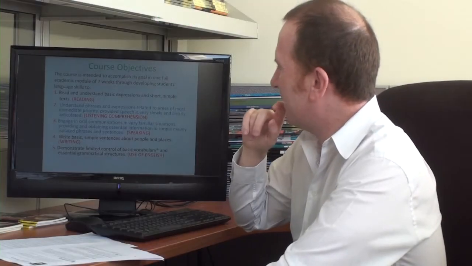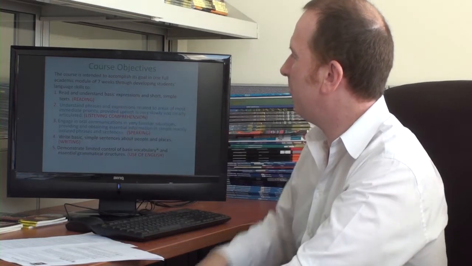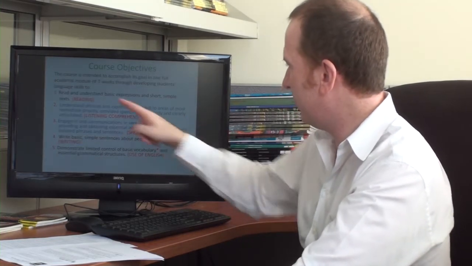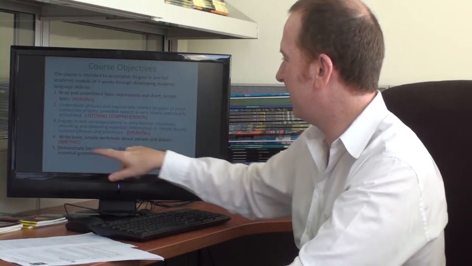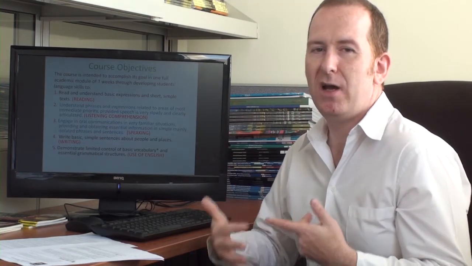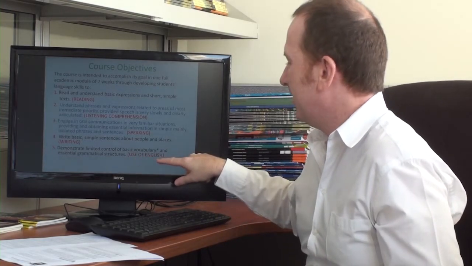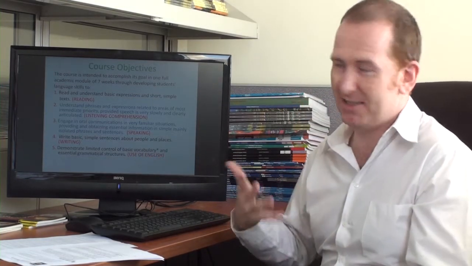Each objective covers one of the 4 communication skills: reading, listening, speaking, writing, and there is a 5th objective which refers to linguistic knowledge. It's called use of English, so it's lexicogrammar, basically.